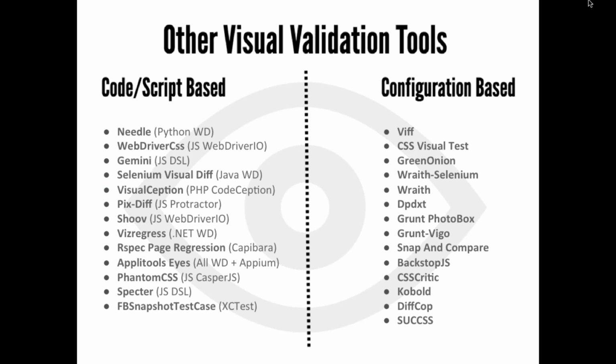So if you have large teams, you have to have a different solution for all the different technologies. So you have code-based and configuration-based. Like I said, it's not as straightforward as what I found Applitools to be. But if for some reason you want to check it out, here are some other tools to take a look at to get started with visual validation if you don't have Applitools or you're thinking about purchasing Applitools.